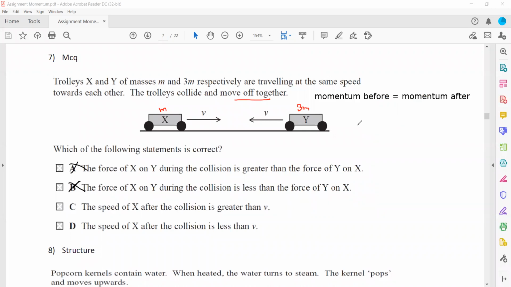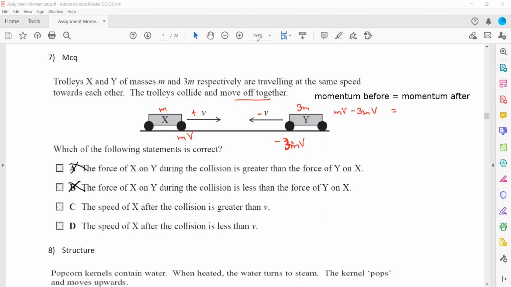So what about the momentum before collision? If we consider any one direction as positive, say the right hand side as positive, the left hand side will be negative. So momentum before for this one is mv, and for this one is minus 3mv, because the mass is 3m. So total momentum mv minus 3mv is equal to the momentum after collision.